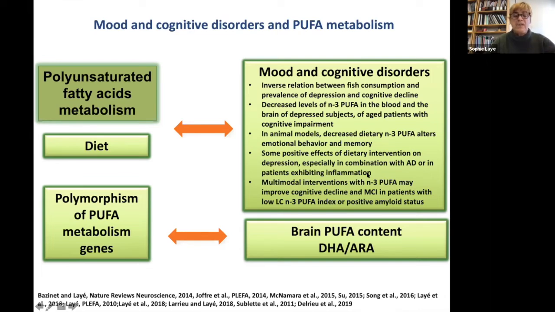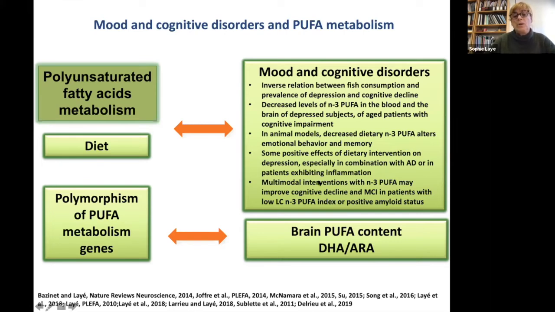So in this case, supplementation with high levels of long-chain omega-3, DHA or EPA, is more potent. There is an effect, especially with EPA, which is now thought to be the active form for depression, and also in combination with antidepressants. So it seems that omega-3 can be used as an add-on strategy to improve the effect of antidepressants.